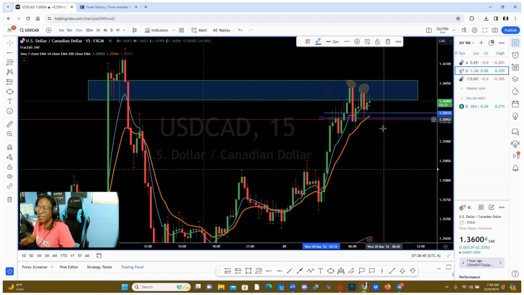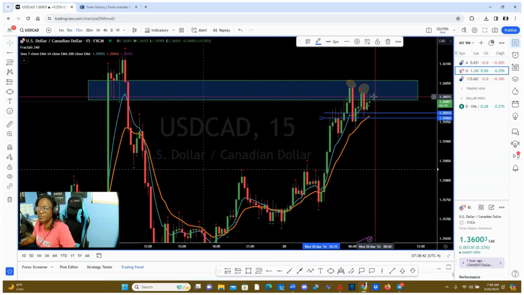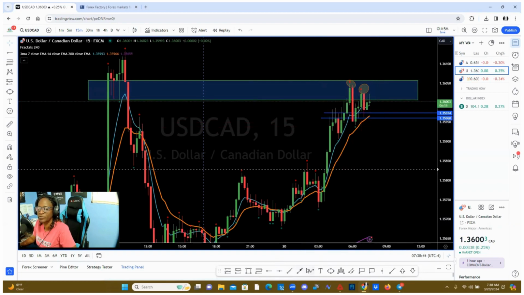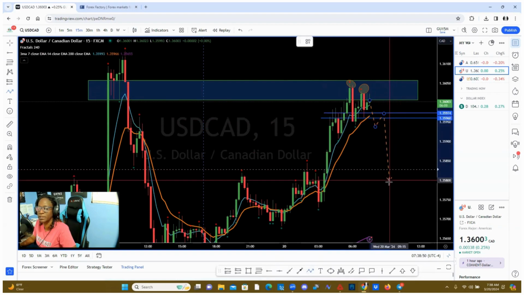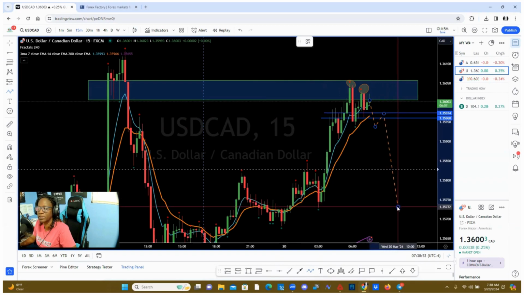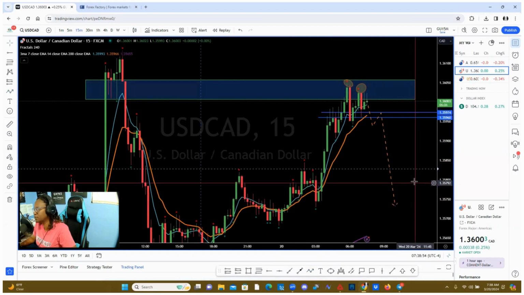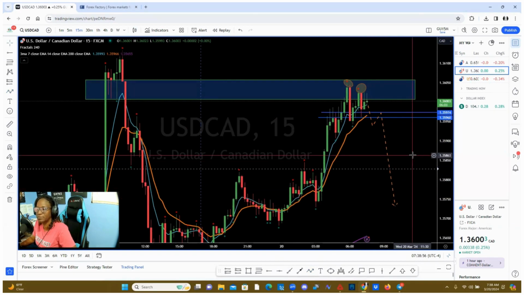And so I would really like to see price push through this level, for added confirmation for me. Push through there, pull back up in there and head down, whether to here or lower. So that's what I'm really looking for. I'm not rushing it.